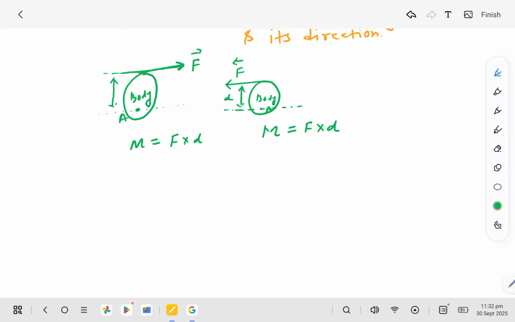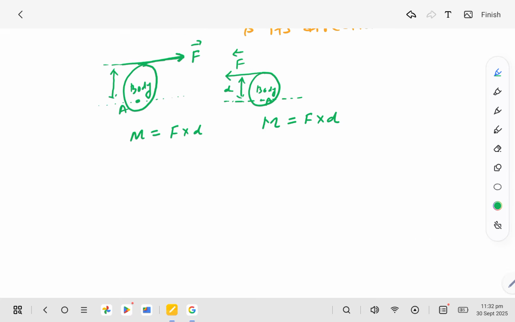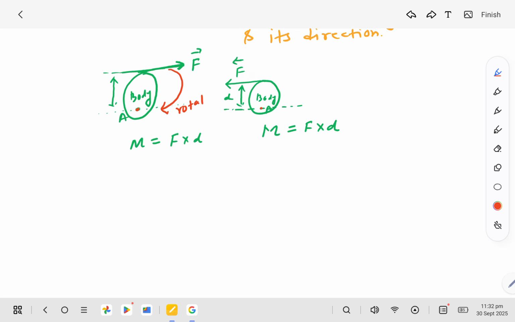So now for the sign convention, this is the point about which we need to find the moment of this force. This force has a tendency to rotate the body in this direction, and this is the reference point.